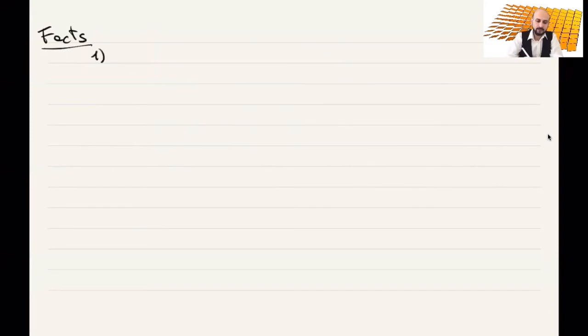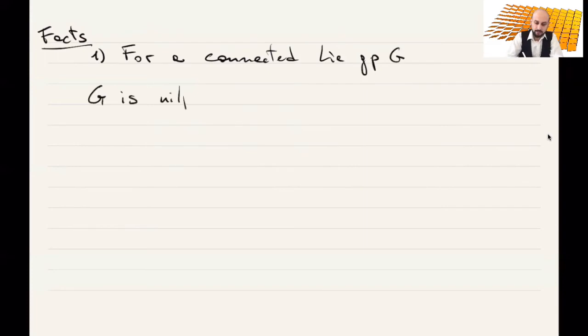Okay, first, for a connected Lie group G, it's equivalent to say that G is nilpotent as a group, and its Lie algebra is nilpotent as a Lie algebra.